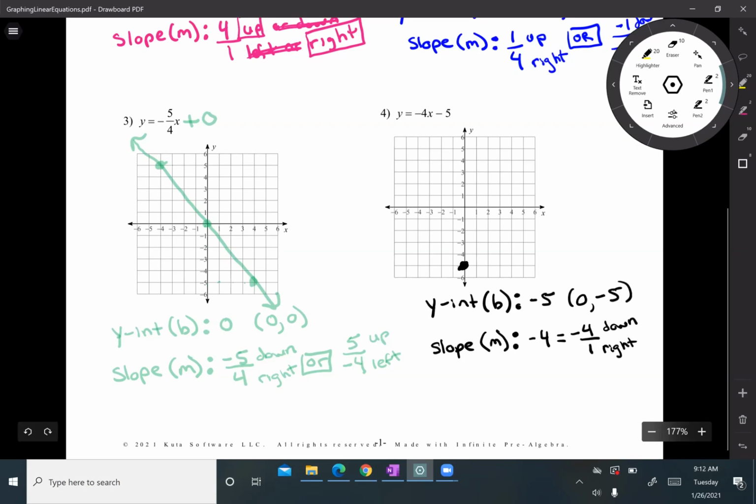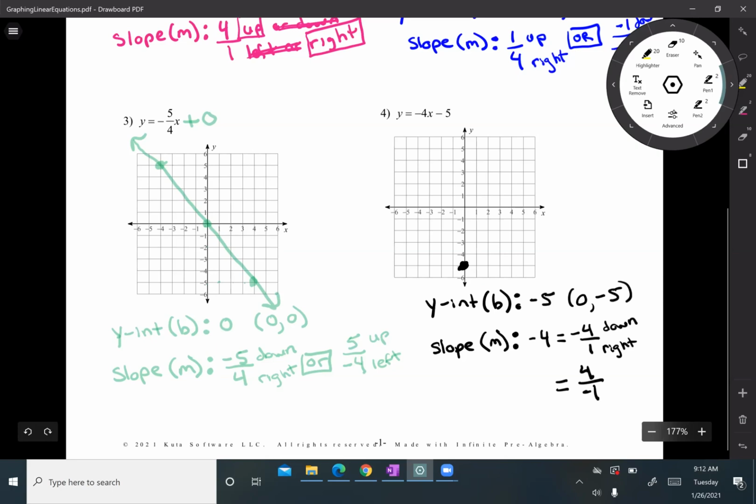But the problem is if I go down, it's going to go off my graph, and I would be guessing that it's going to be down here somewhere, but I don't want to do that. So that's why you need to know that you can change this slope. Instead of -4, it would be +4, and then the bottom number, instead of +1, it would be a -1.